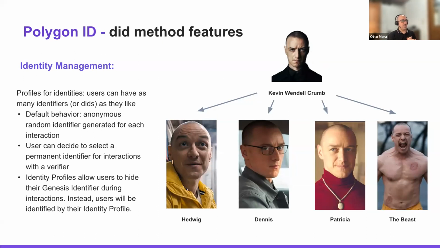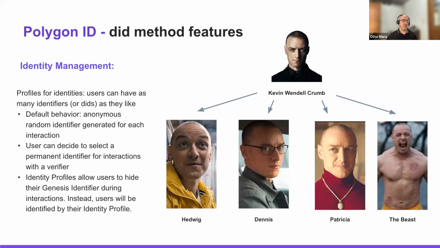So the default behavior is that upon interacting with a different verifier, let's say a DeFi platform or another protocol, you always generate a random anonymous identifier, and then the user can decide whether they would like to keep a permanent identifier with those interactions. And then you also have the ability to manage your profiles, right? Just like you have in Google Chrome, where you can select several profiles.